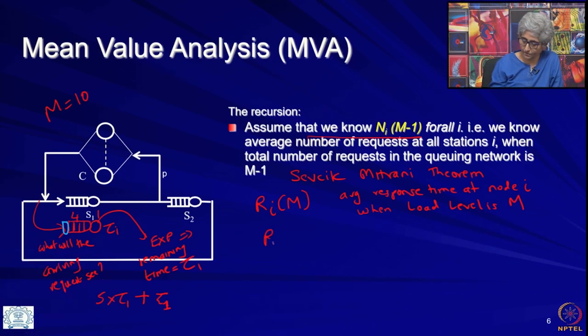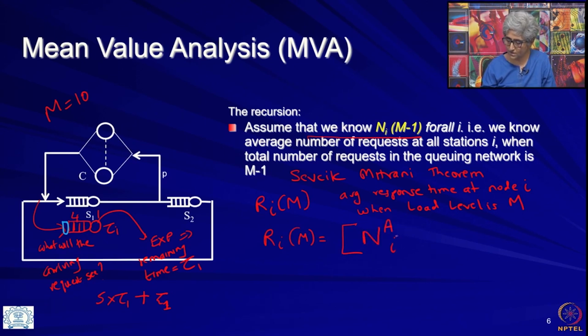So, R_i(m) we can simply write as, first, whatever it sees at arrival at this load level, plus itself, multiplied by tau_i. These are all the customers in the system.